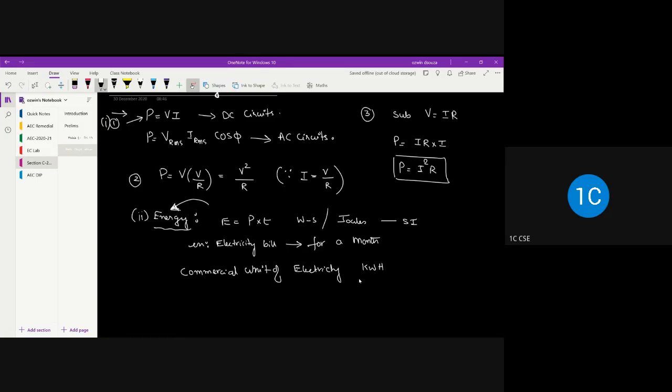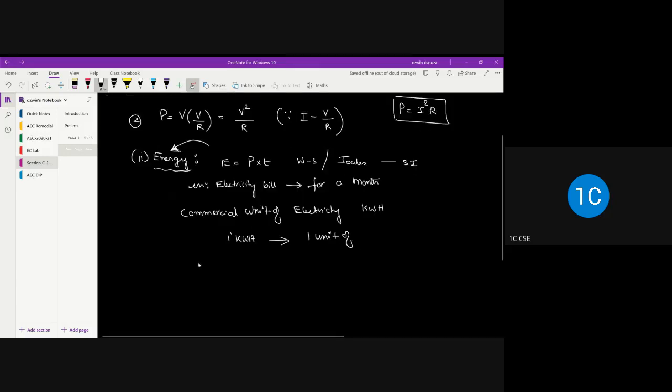So 1 kWh is known as 1 unit of energy consumption. That means to say, if your electricity bill has a reading of, let's say, 270 units.